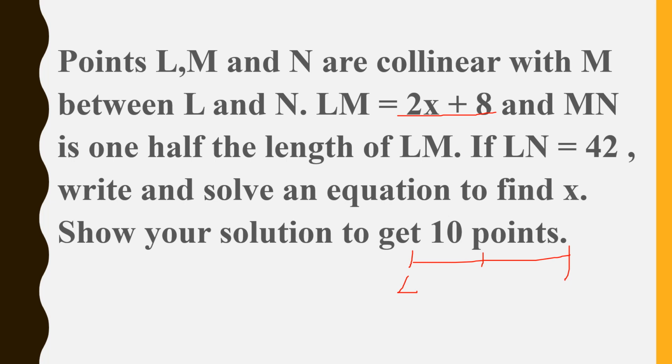L, M, and N are collinear, M is in the middle and N is here. LM is 2x plus 8 and this one is 42. I think this one is easier, so you can solve it. It's up to you.